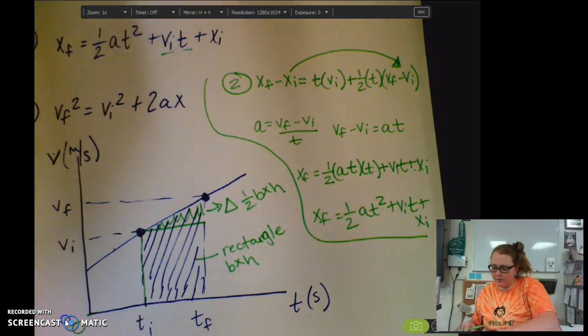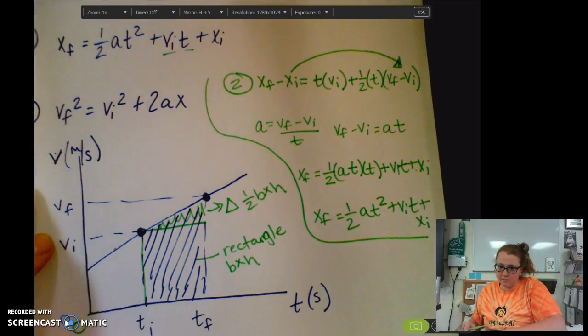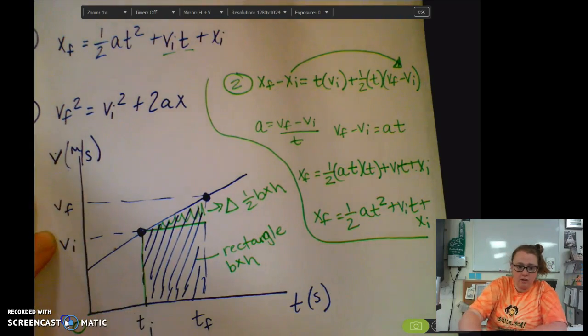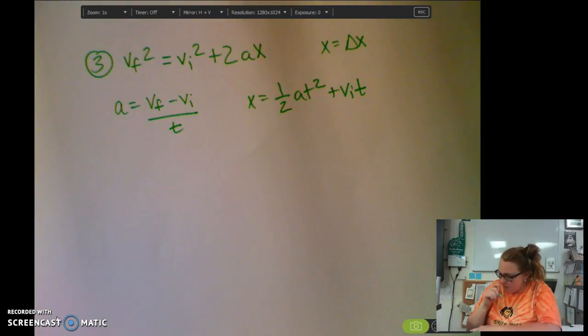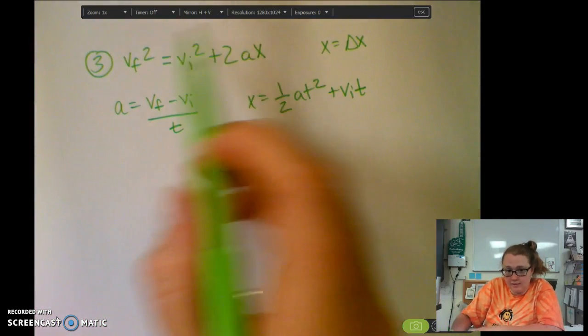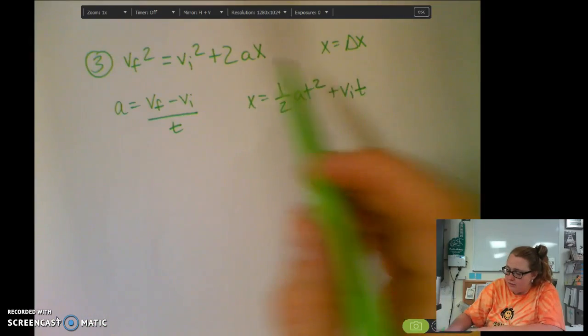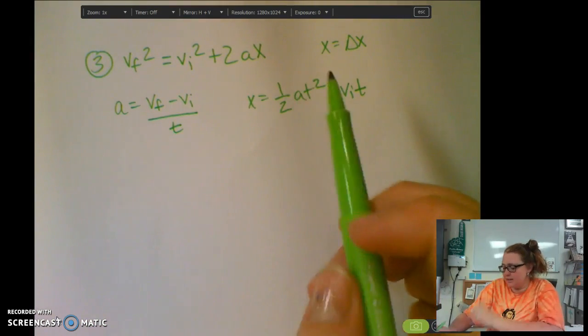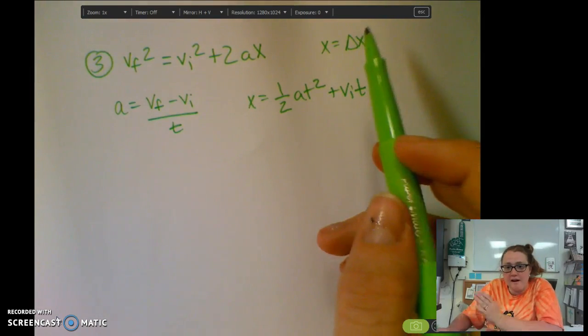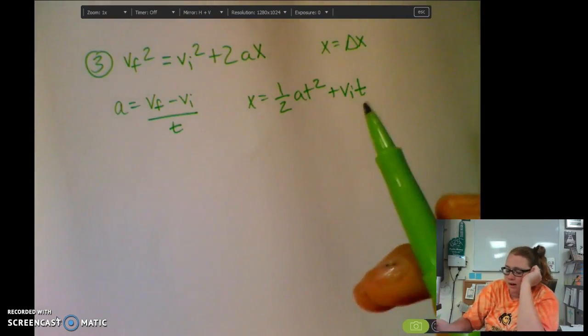Okay, last equation. From here, we're going to have to manipulate a lot of variables because we are solving for vf squared. The third equation is just a bunch of algebra. This is where I'm trying to get, this is my destination. For the sake of simplicity, we're going to call x the same as delta x, so it's that final minus initial.